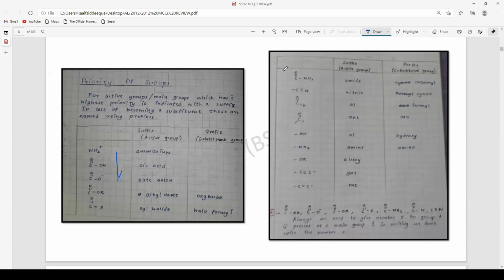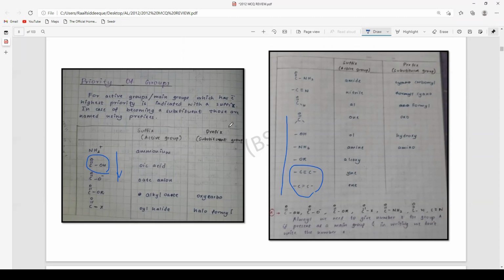Then you will have amide, then cyanide, then aldehyde, ketone, and so on. According to this, the minimum priorities will be alkene and alkyne, and the maximum priority is mostly oic acid. So this is the trend. In this way it increases, in this way it decreases.